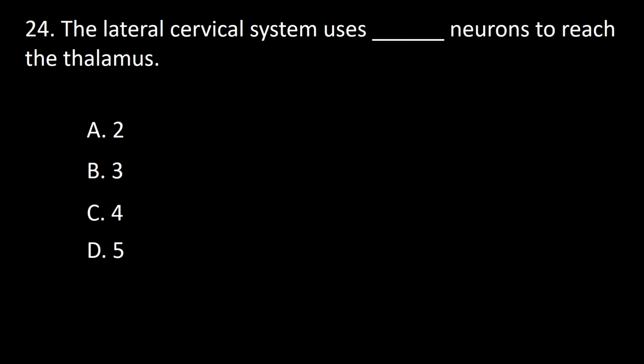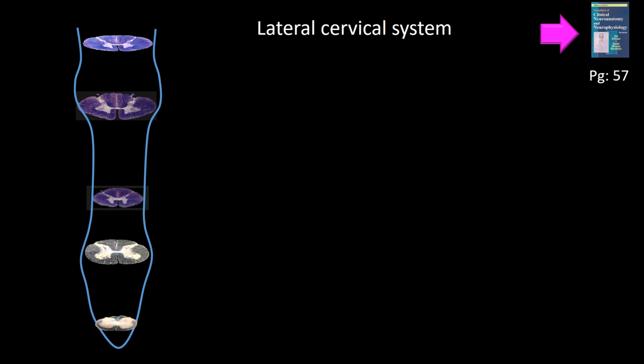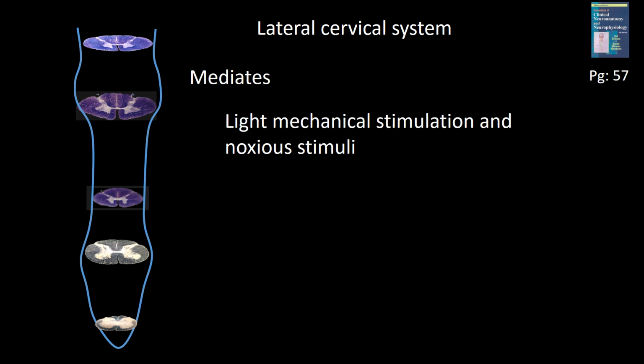Next question. The lateral cervical system uses how many neurons to reach the thalamus? A. 2, B. 3, C. 4, D. 5. This textbook mentions the lateral cervical system as one of the ascending spinal tracts carrying somatosensory sensations. This tract mediates light mechanical stimulation and noxious stimuli.